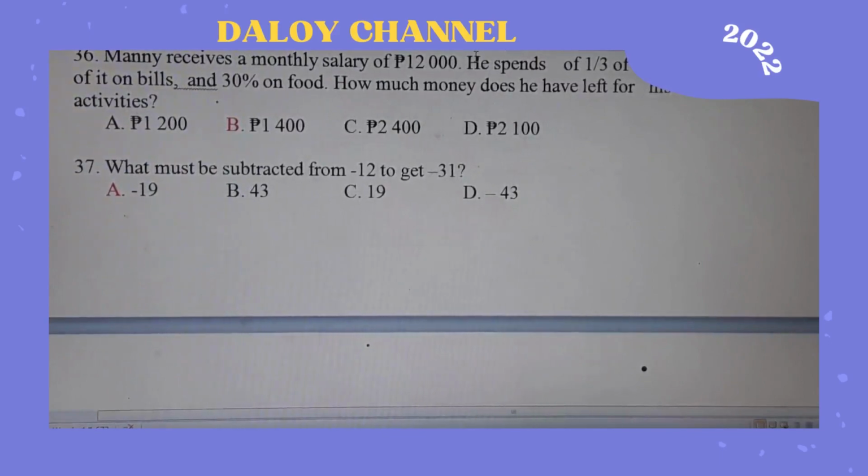And what is left, that is the value that we need to find out.